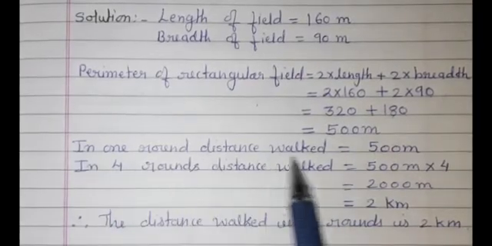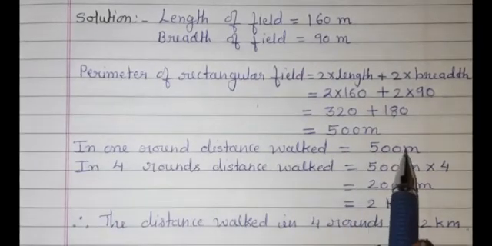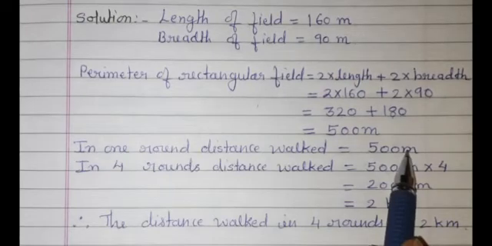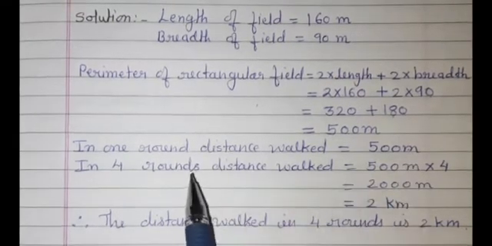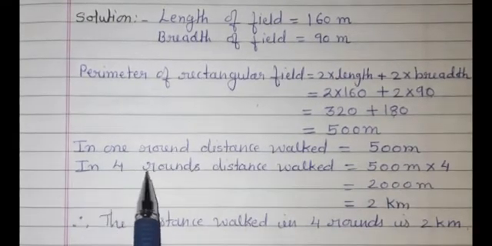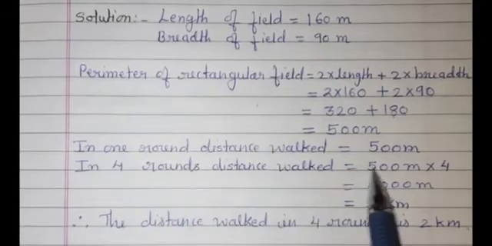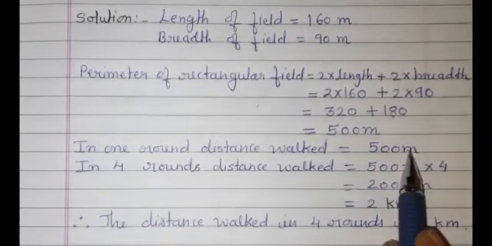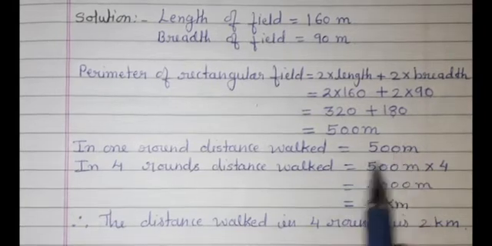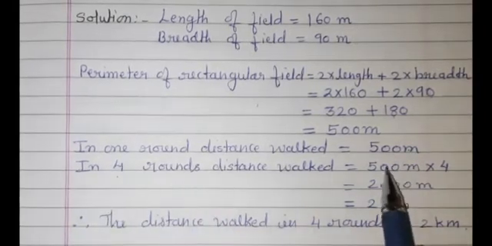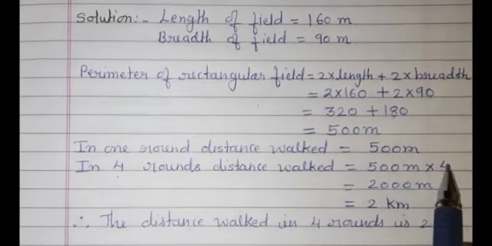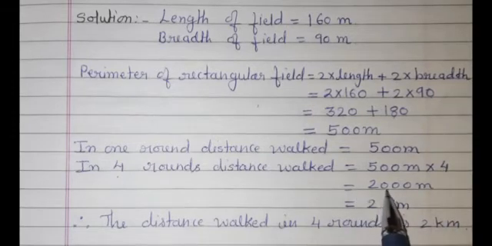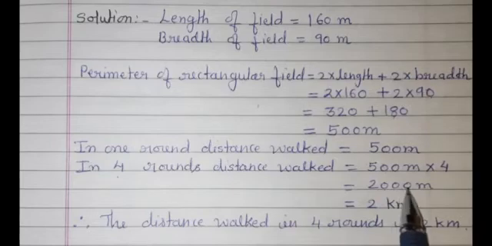If one round distance walked is equal to 500 meter, we will find out the distance for 4 rounds. So in 4 rounds the distance walked is equal to this 500 meter multiplied with this 4. So here is 500 meter multiplied by 4, which is equal to 4 5s are 20, and these 2 zeros write as it is.